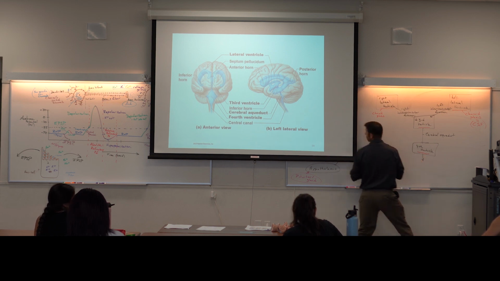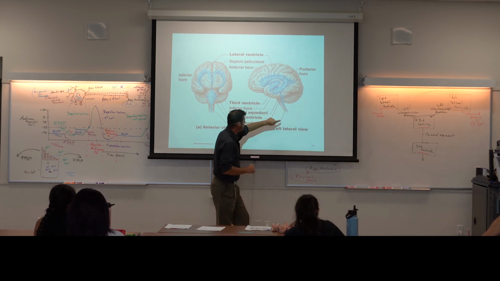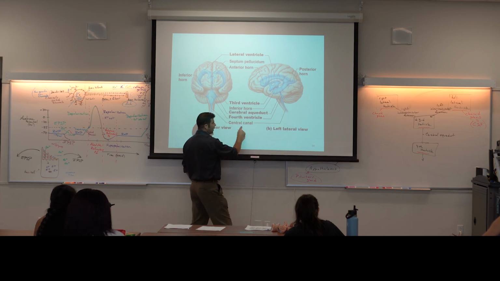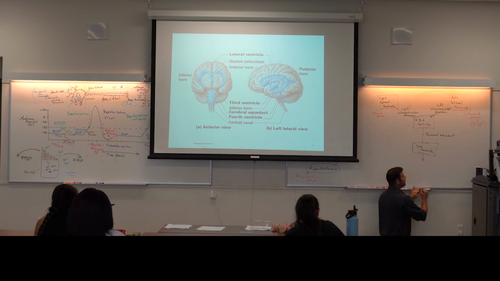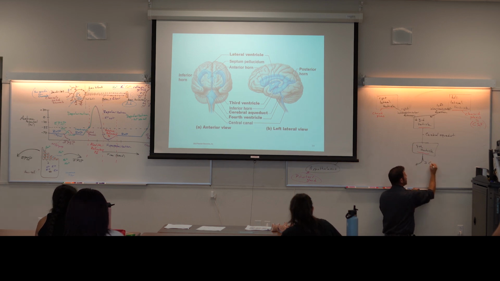But from the fourth ventricle, what we're going to see is this fluid is going to make its way down a couple of places. Let's say from the fourth ventricle, one possibility is, I'm going to fork this thing off. We'll say one possibility over here, the other possibility this way. Fluid, as it leaves the fourth ventricle, it could stay in the central canal of spinal cord.